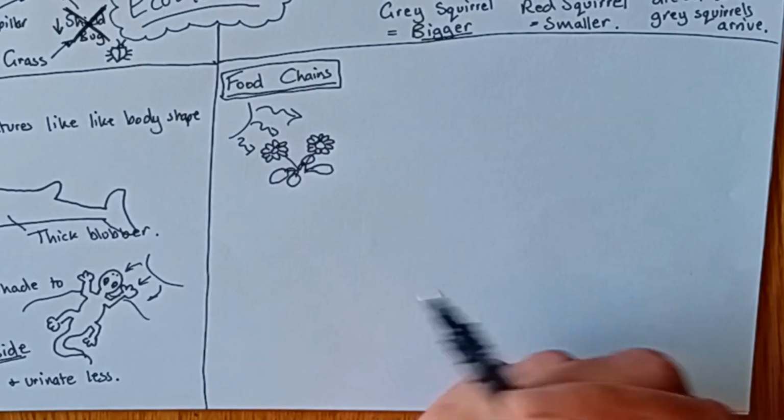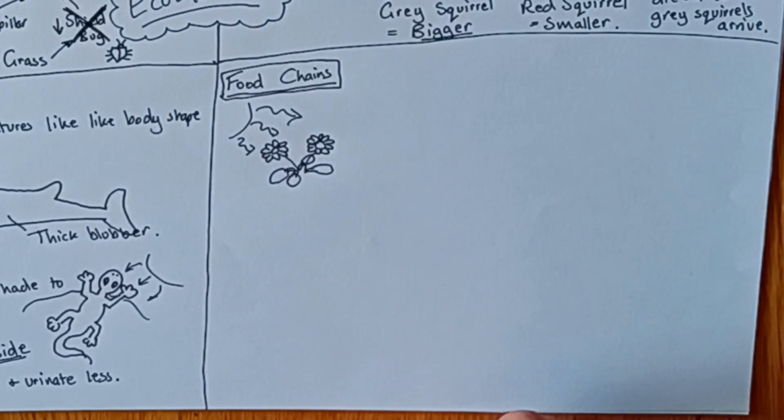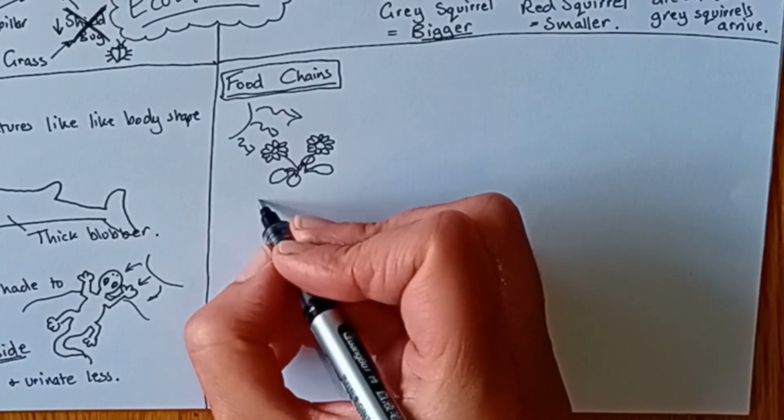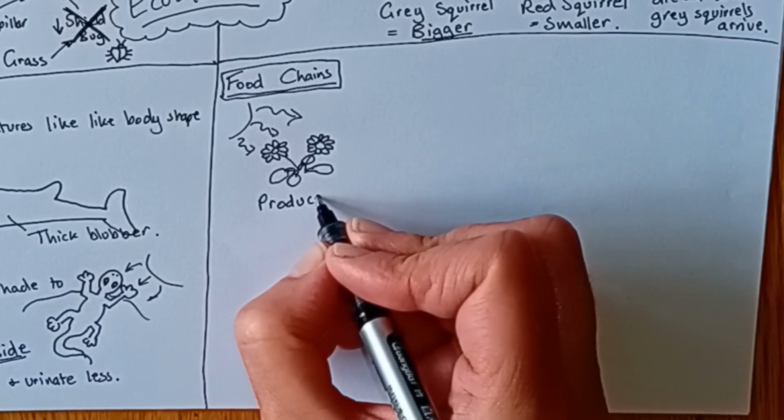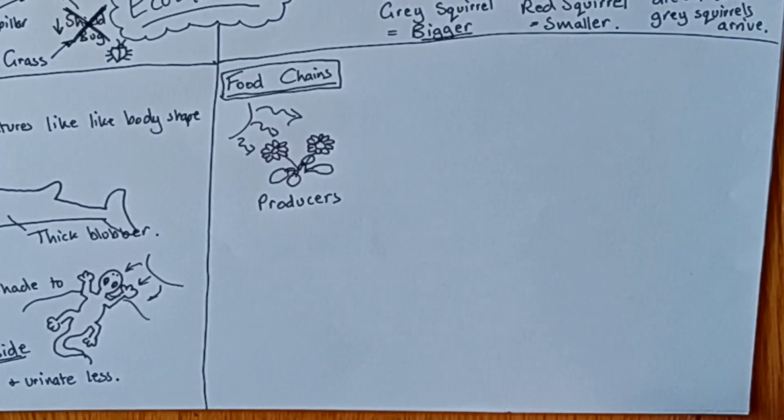So you know that plants use photosynthesis to make glucose. And because of that, we call them producers, because they produce their own food from photosynthesis.